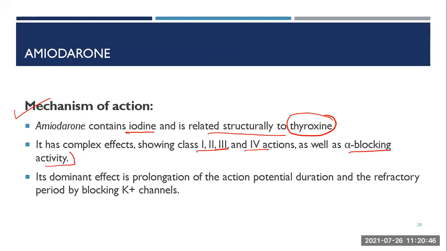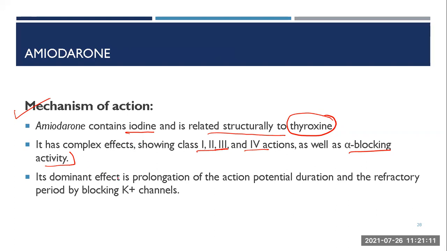So it has multiple activities. It will block the sodium channels also. It will have beta blocker activity also. It will have potassium channel blocking activity also. It will have calcium channel blocking activity also, as well as alpha blocking activity. Okay, it is quite complicated.